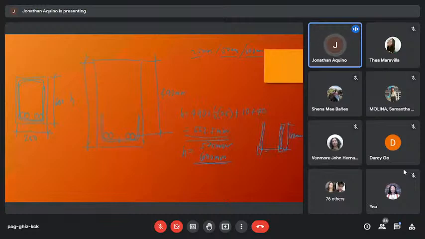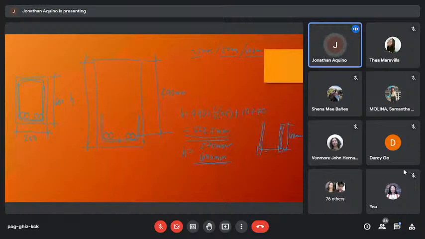Then second is, siyempre sa continuous beam natin, di ba yung bending moment natin, pag ganyan. Okay? Sa midspan, tension siya. Pero pagdating sa support, tension niya is nasa top. Okay? So at least you provide additional 2 bars to support for the stirrups.